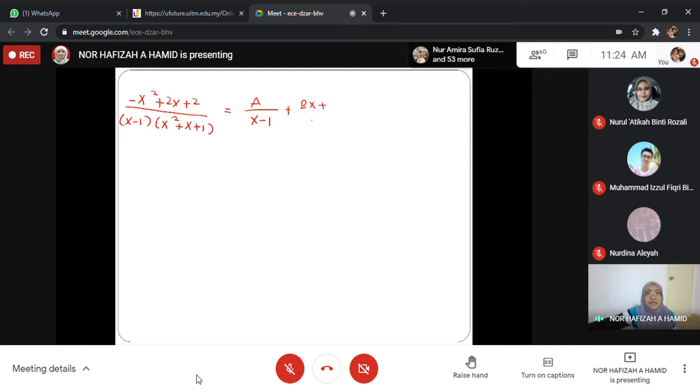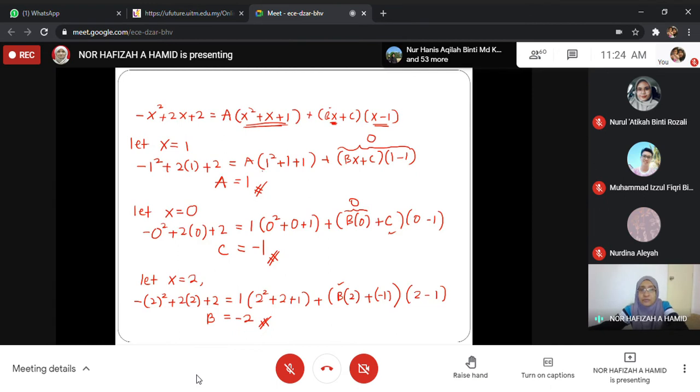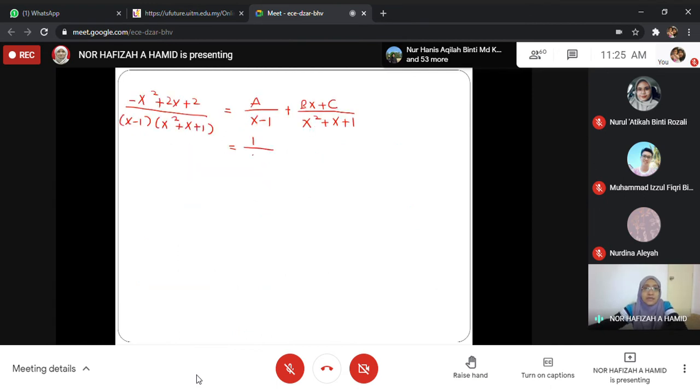So we have (Bx + C) over (x² + x + 1). Okay, so we have calculated A, B and C, so just substitute. A is 1, so 1 over x minus 1, and B is negative 2, so plus negative 2x, and C is negative 1, so minus 1, over x² + x + 1.